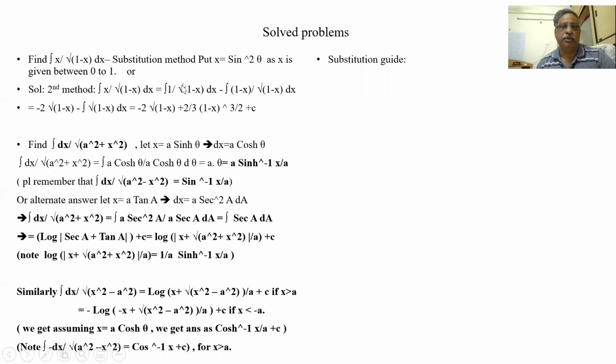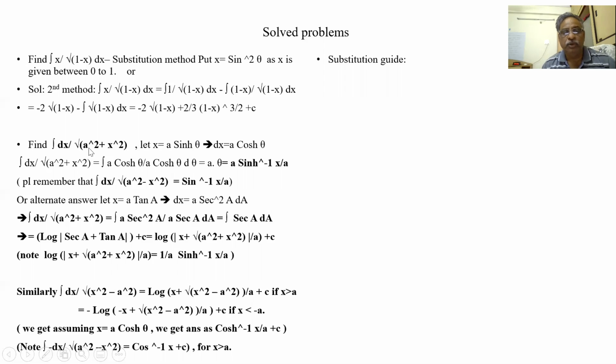This is another method. Integral dx by root of a square plus x square. We have just seen dx by a square plus x square. If this root is not there, this is tan inverse x by a. So when the root is there, we have sin h inverse x by a. Here let us assume x is equal to a sin h theta. Why am I putting h theta?